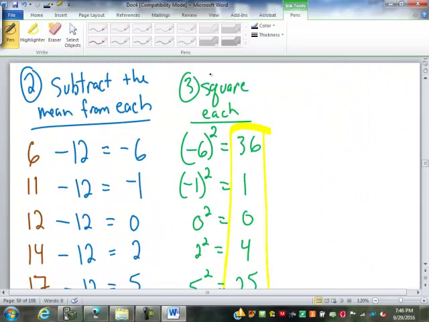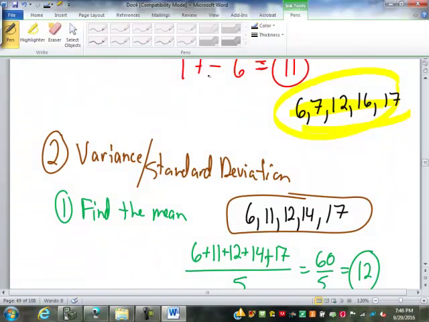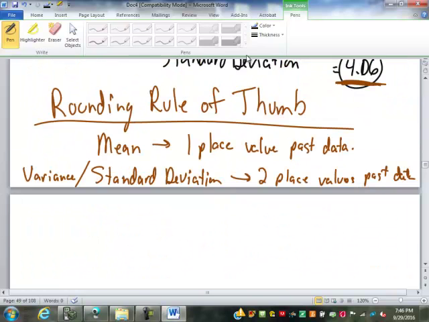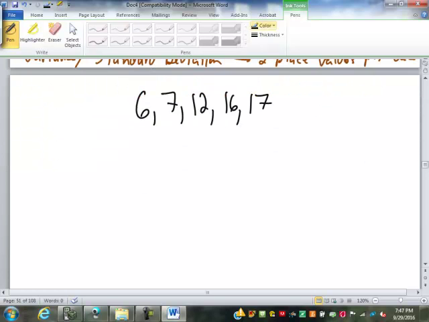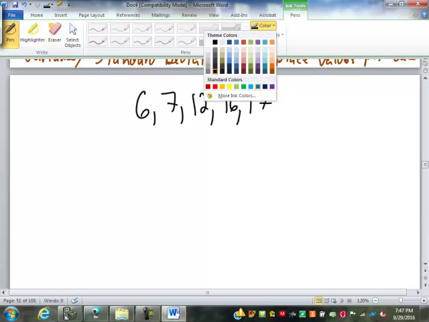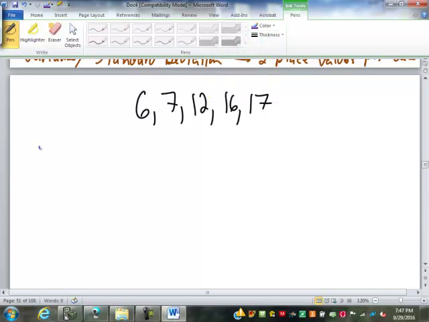So let's look at this example here. We had the other set of data, 6, 7, 12, 16, 17. Let's find the variance and standard deviation. What's my first step? Find the mean.